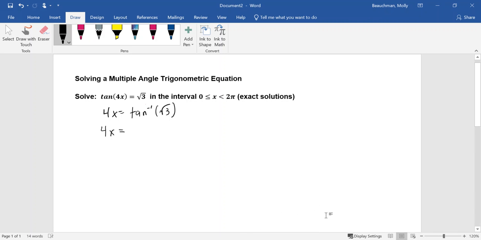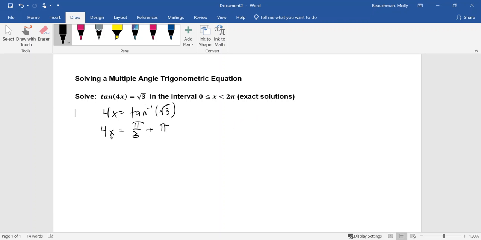Okay, so pi over 3. I'm going to use the fact that the inverse tangent of square root of 3 is pi over 3. So now I have an equation: 4x is equal to pi over 3. I know that the tangent equation repeats every pi, so I'm going to add pi to this so that I can get all of the answers that I need.